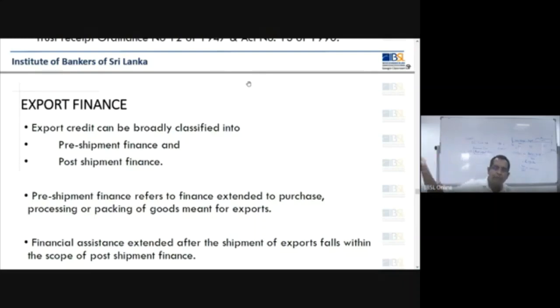Once the export happens, once the goods are shipped, we will get export documents, right? When we get the export documents, we will discount. We call that post-export finance or e-bill discounting. We will discount the export bill up to the net profit margin. If the net profit margin is 10%, we will discount up to 90% of the bill value, and we will settle the previous packing credit line.